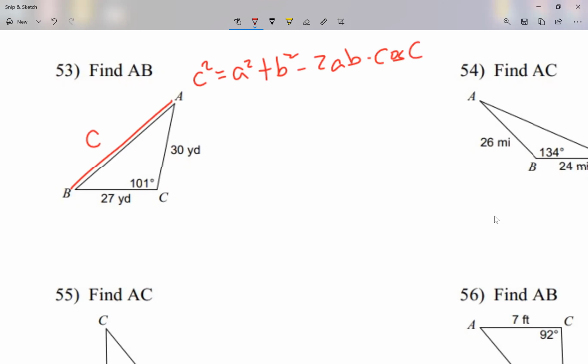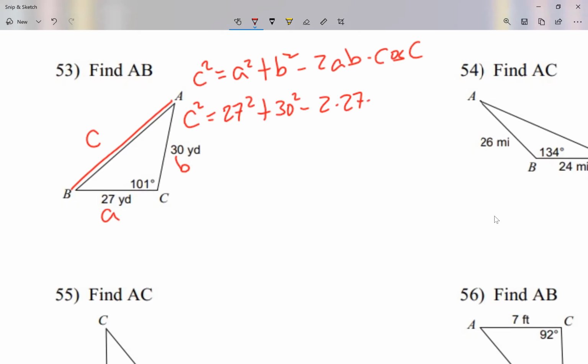So I'm going to say c squared is equal to, let me label this side a, let me label this side b. So c squared is equal to 27 squared plus 30 squared minus 2 times 27 times 30 times cosine of 101.